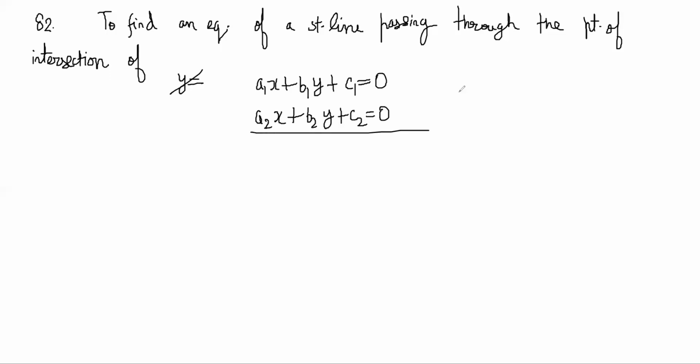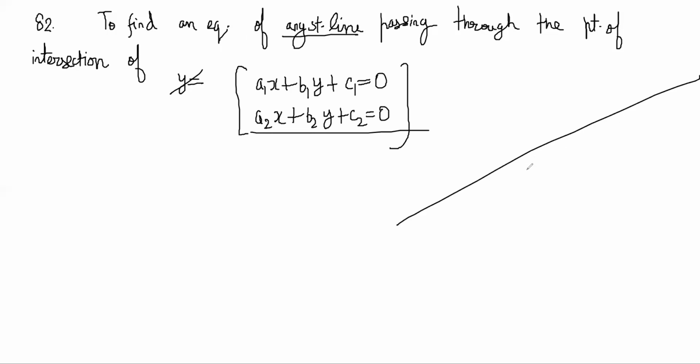So basically what is he saying? To find the equation of any straight line passing through the point of intersection of these two lines. Let's say one line is like this, one line is like this. This is L1 and this is L2.